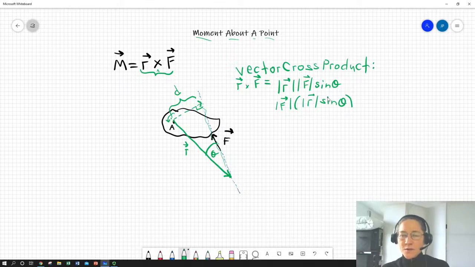That sine term basically says take the part that's perpendicular, just like the dot product cosine theta said just take the part that's parallel. So the dot product and the cross product are totally analogous in that they take either the part that's parallel, a part of a vector that's parallel to another one, the dot product, or the part that's perpendicular to another vector, the cross product.